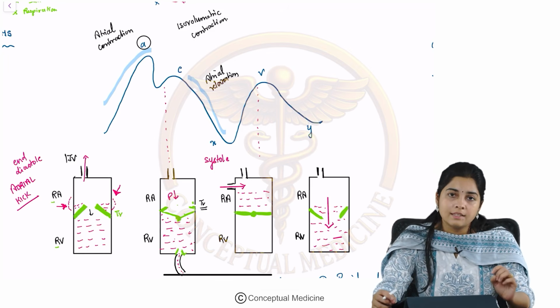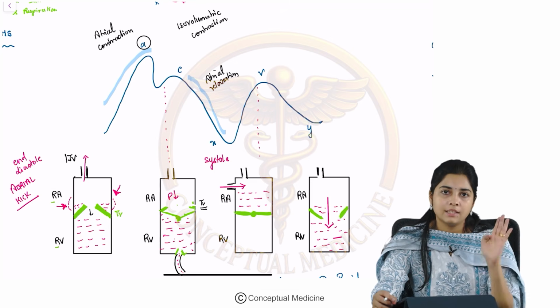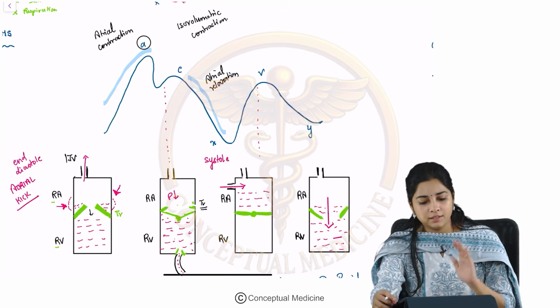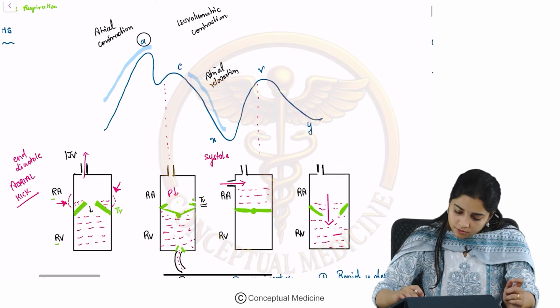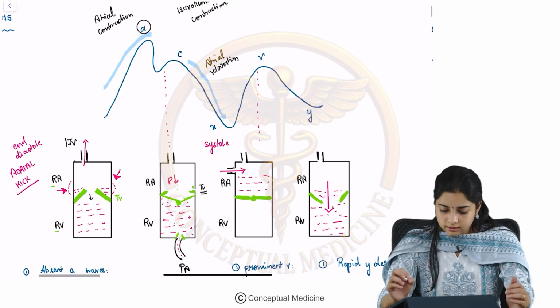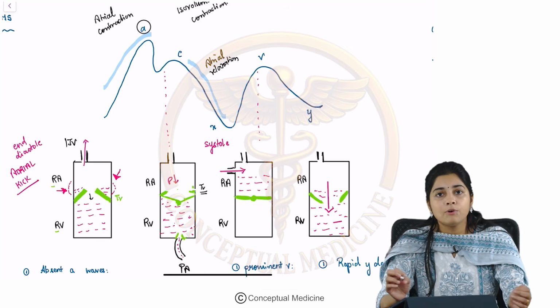So the X descent is because of the atrial relaxation. So just remember that the A wave is because of atrial contraction and the X descent is because of the atrial relaxation.